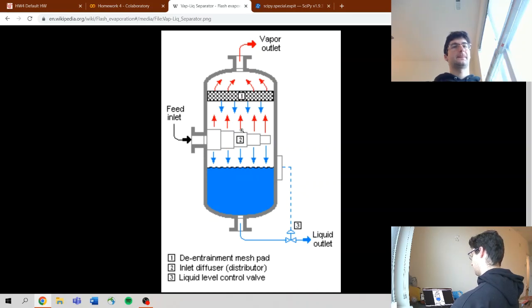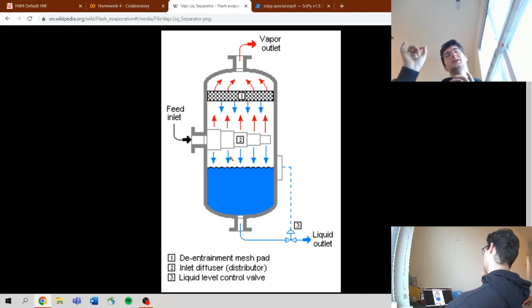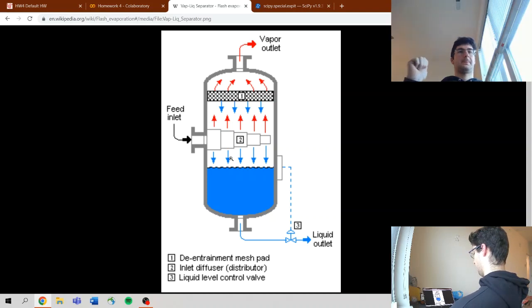Some of it vaporizes into a gas, and some of it remains as a liquid. The streams going up and down are necessarily different because of what we talked about in the previous part about the different compositions at the dew and bubble temperatures.